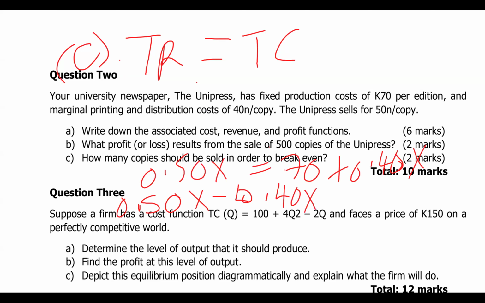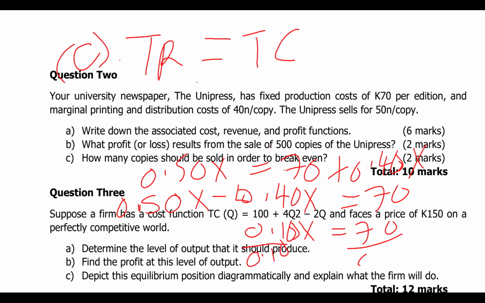Crossing the equal sign, equal to 70. So that you can have 0.10x equal to 70. And you divide through by 0.10, so that x, which is the number of copies, equals 700 copies.